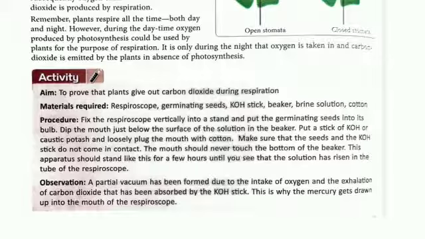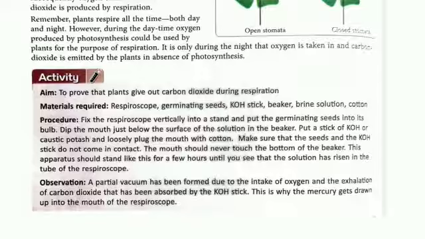This carbon dioxide is absorbed by KOH, potassium hydroxide, so there is a vacuum. The air there has decreased, and this vacuum is filled by the water level, and that's why the solution is rising.